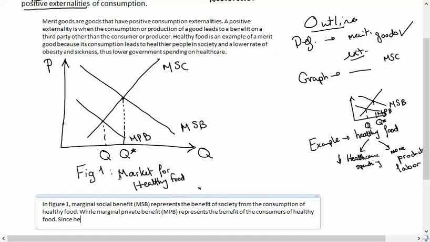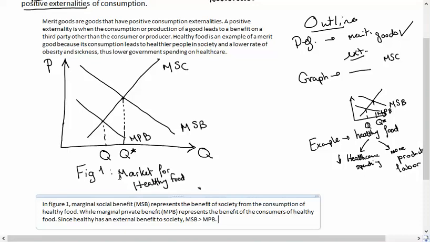Since healthy food has an external benefit to society, marginal social benefit is bigger, or you can just use the sign, is bigger than marginal private benefit.